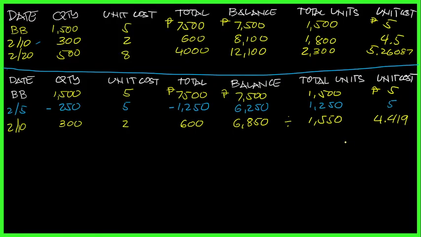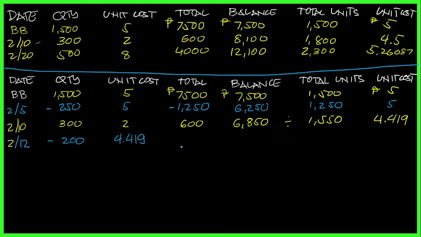Let's say before the purchase of February 20, there was a sale. Let's say February 12 na lang. Gawin natin blue. February 12. We were able to sell 200 units. So the cost will be 4.419.